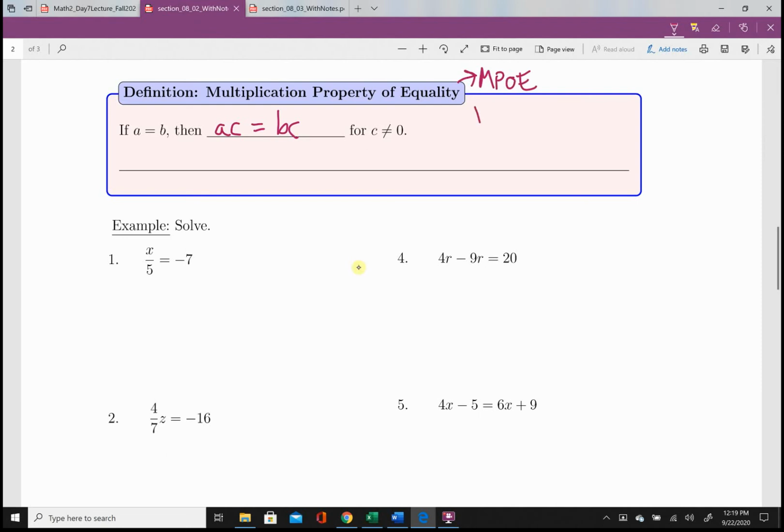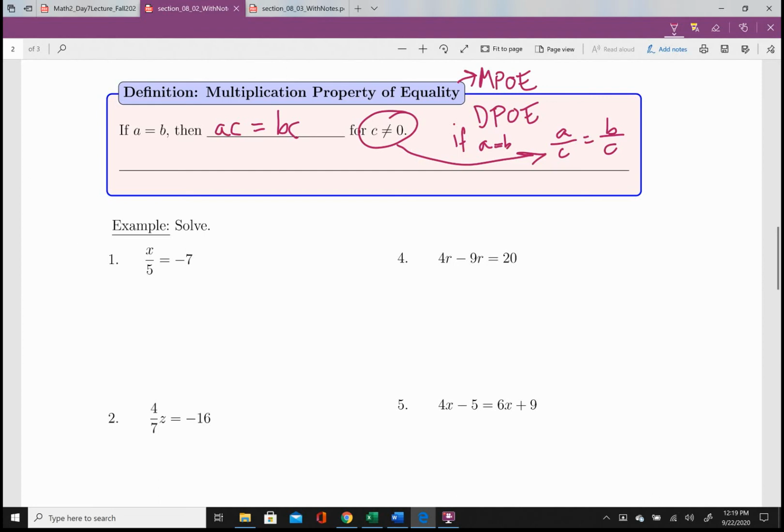Now, there's also DPO, division property of equality, which is defined similarly. If a equals b, then a divided by c equals b divided by c. And you can use the same exact caveat. You cannot have a zero c value when you multiply or divide both sides by that c value.